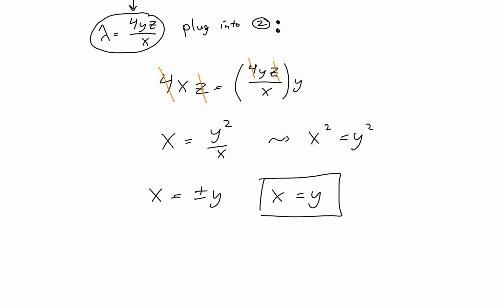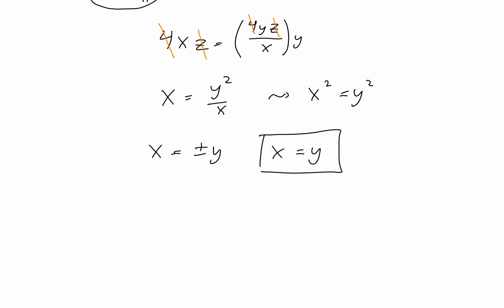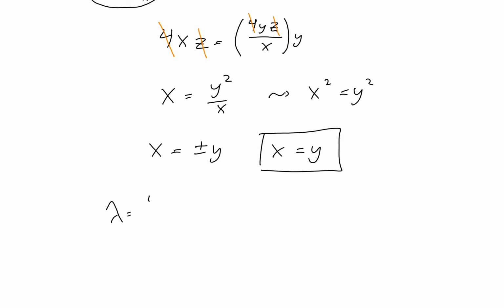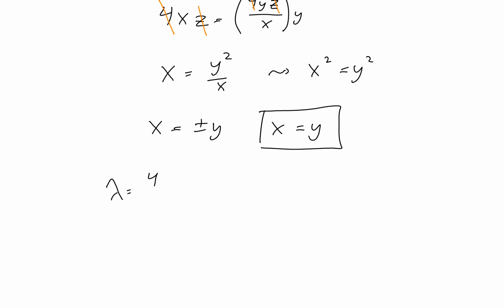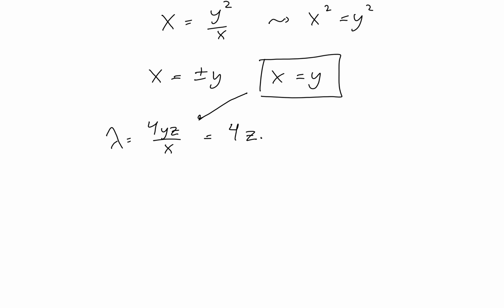So now if we look back at our equation above for lambda, lambda was equal to 4yz over x. But if x is equal to y, this just becomes 4z. And so now let's take this and plug this into equation 3. So equation 3 was 4xy is equal to lambda z.